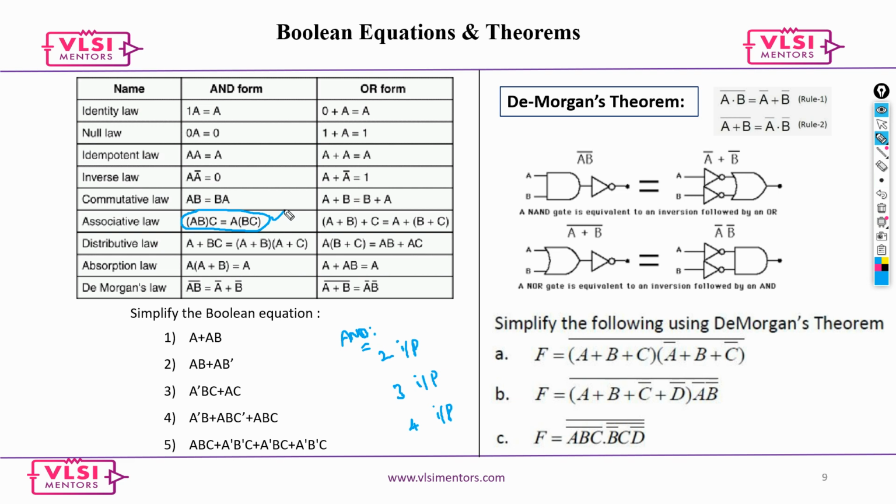To implement this, how many two input AND gates are needed?